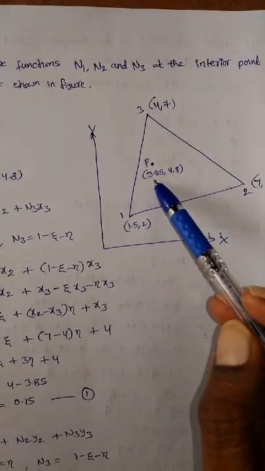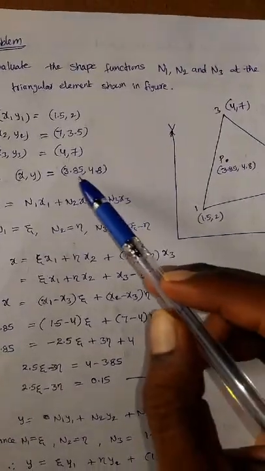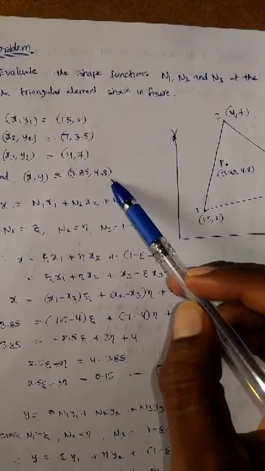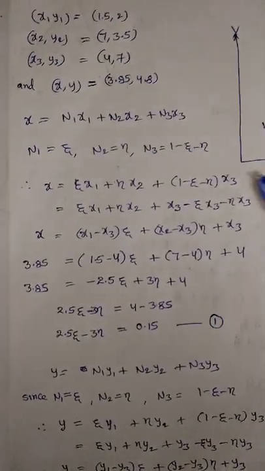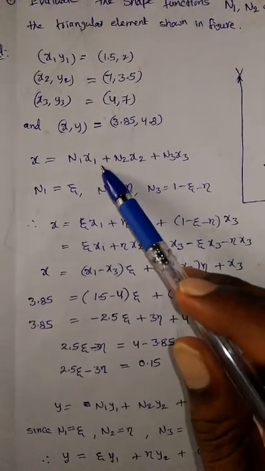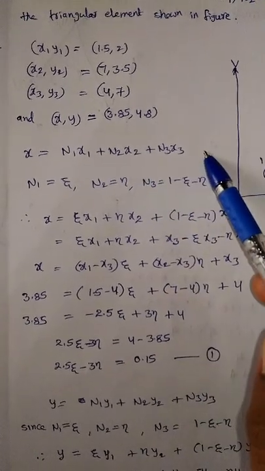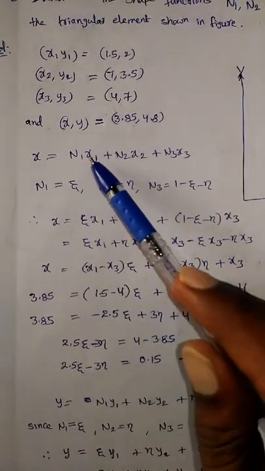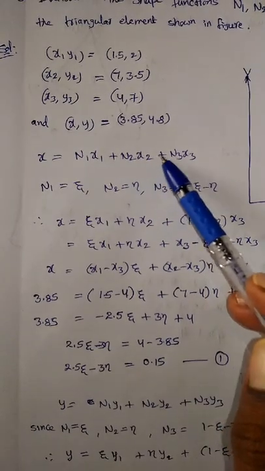therefore (3.85, 4.8). And x is equal to n1 x1 plus n2 x2 plus n3 x3.